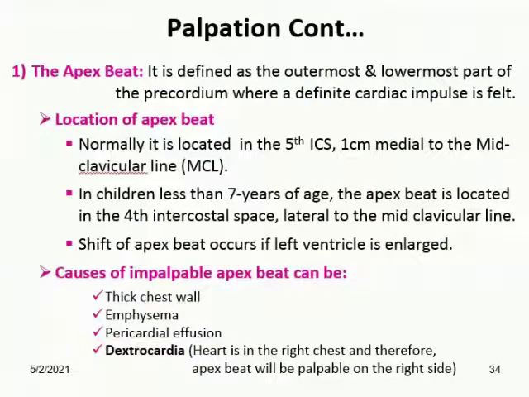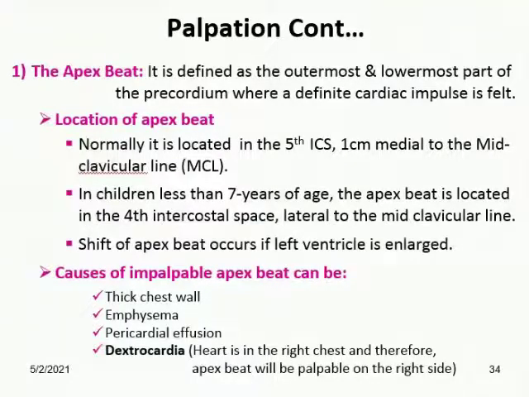The apex beat. It is defined as the outermost and lowermost part of the precordium where a definite cardiac impulse is felt. Location of the apex beat: normally it is located in the fifth intercostal space, 1 cm medial to the mid-clavicular line. In children less than 7 years of age, the apex beat is located in the 4th intercostal space, lateral to the mid-clavicular line.